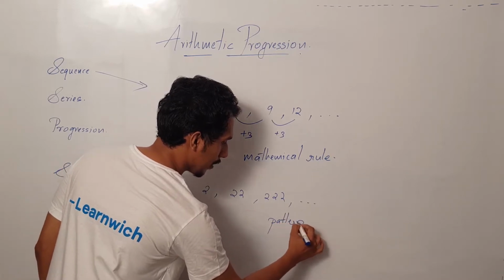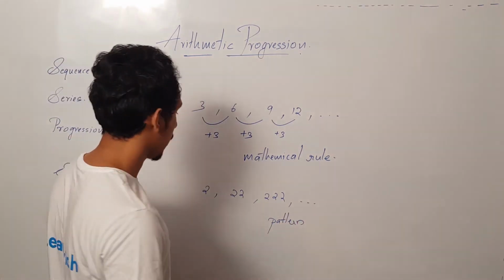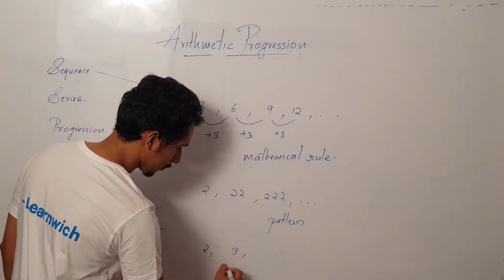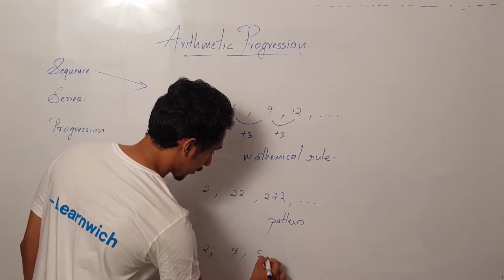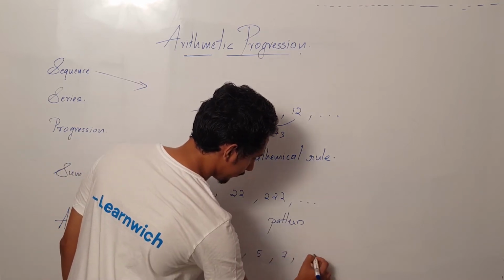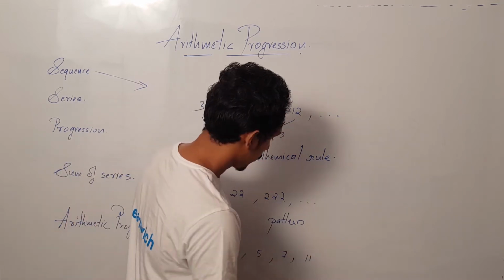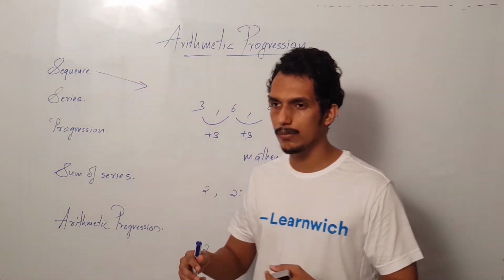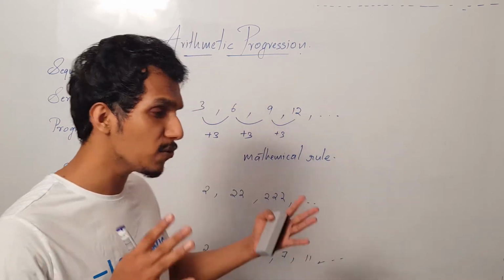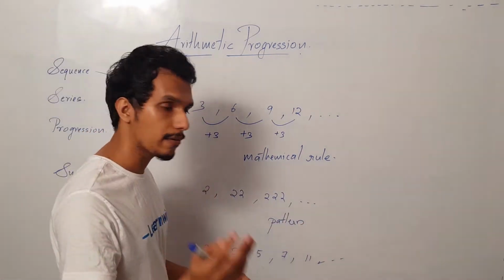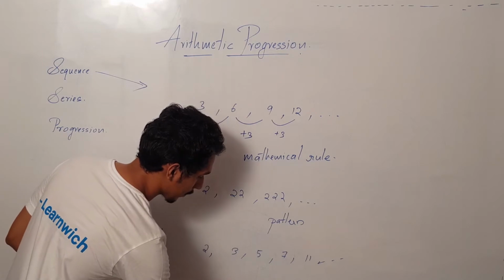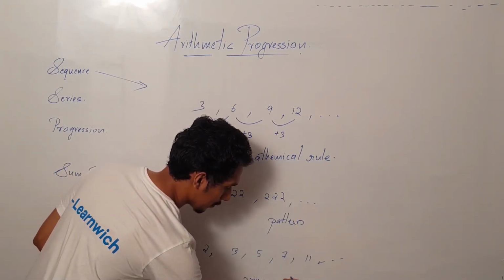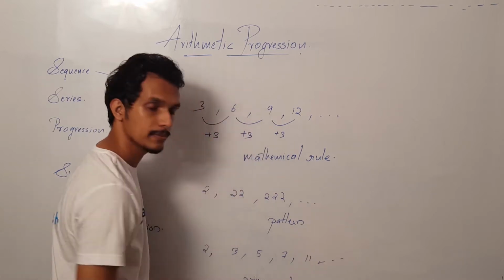Or let's talk about numbers like 2, 3, 5, 7, 11. If you look at these numbers, at first you will find it difficult to understand the relationship between them, but if you observe carefully, you see that all these numbers are prime numbers.